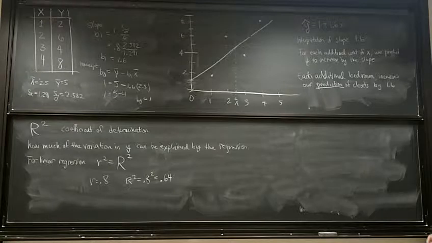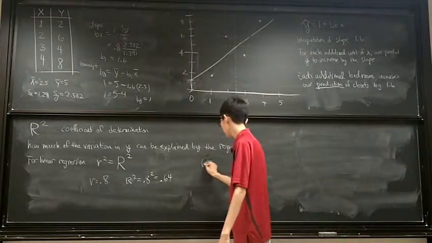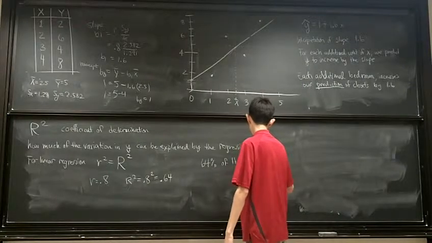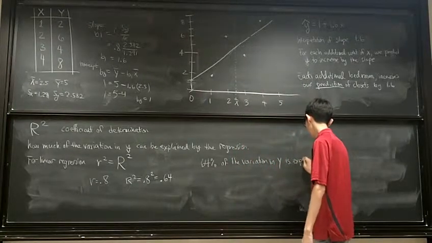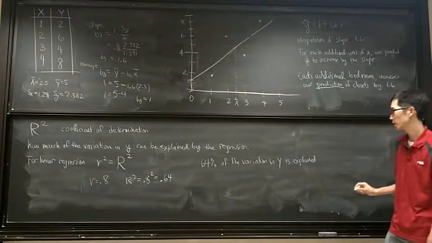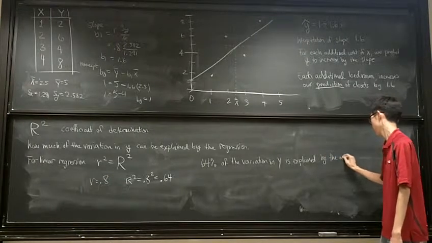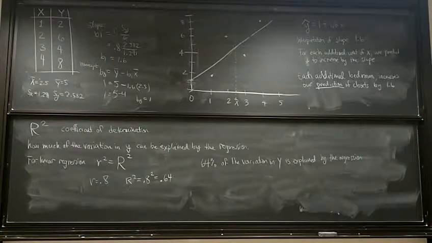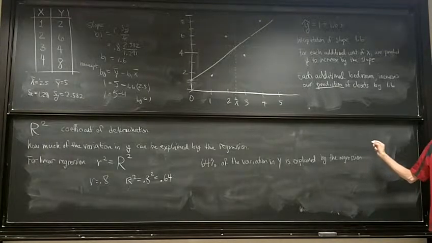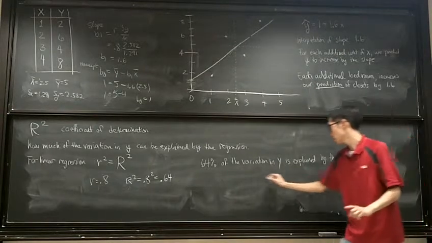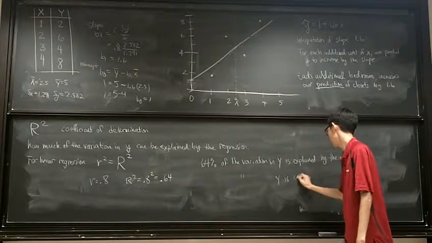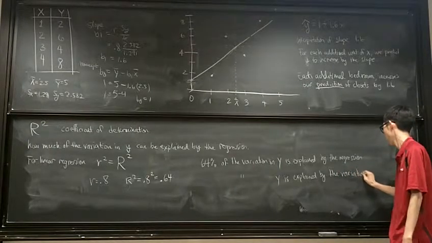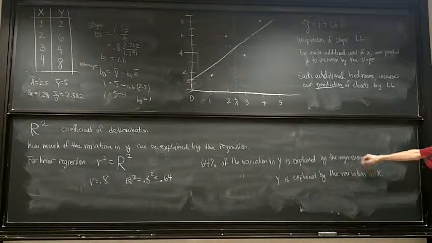And this says, so the interpretation is 64% of the variation in y is explained by the regression, or some books will say, because our regression here is linear regression and only depends on x, you can also say 64% of the variation in y is explained by the variation in x. Okay? But these two things say exactly the same thing.